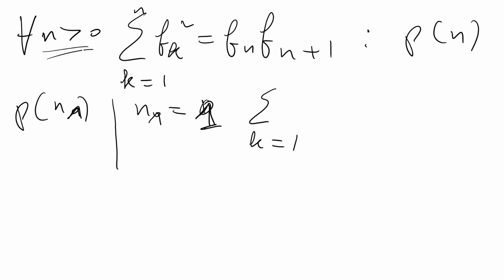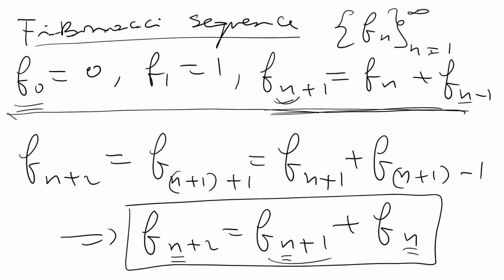This is going to be the summation from k equal 1 to 1 of f_k squared. This is going to be f1 squared, and f1 is 1, so it's going to be 1 squared, which is 1. That's the definition of the Fibonacci sequence.